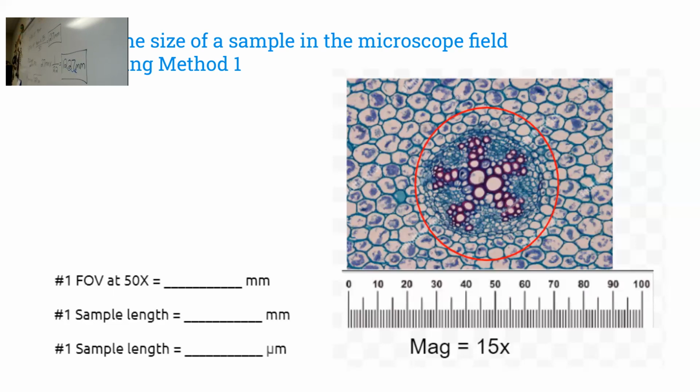The next one. So you did that at 10. Okay. So now you need to use the equation. Your low power field of view times your low power mag over your high power mag, which was 10. Yep, 10.